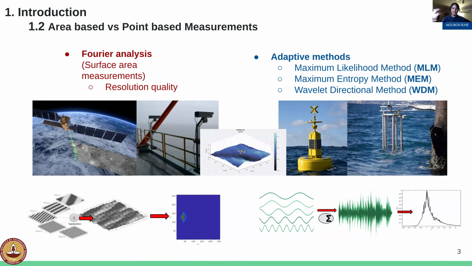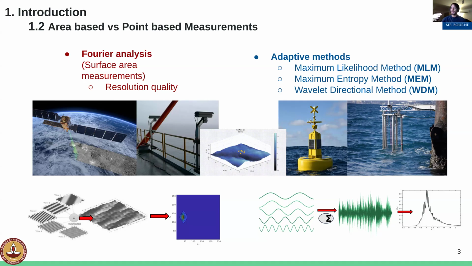On the other hand, if we take point-based measurements like buoys or arrays of staffs, we can obtain more reliable information in a fixed spot. But the challenge here is that waves propagate in a two-dimensional plane, right? So having low area coverage makes estimating the direction of propagation challenging.